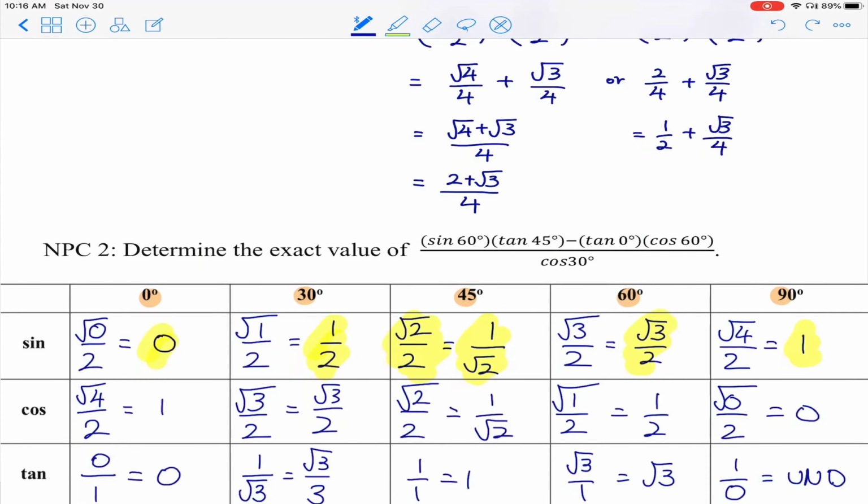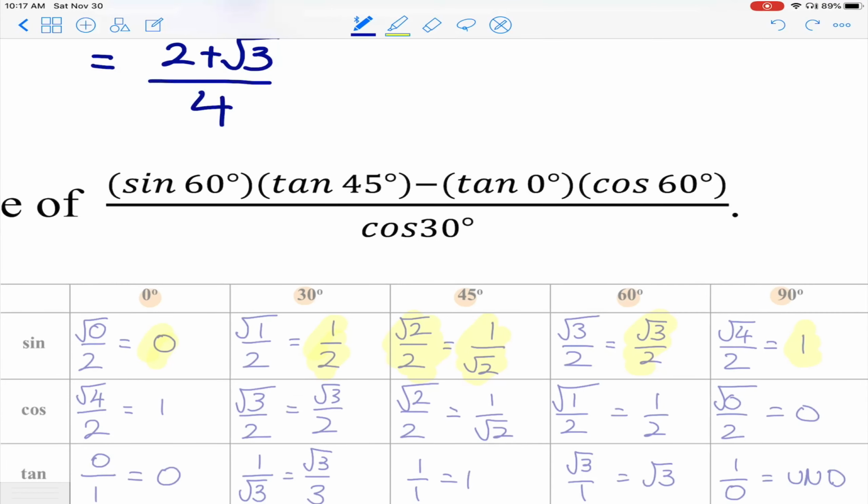Now then, the MPC2, determine the exact value of this. I want you to pause the video and do this on your own. A few moments later. If you take a look at this, sine 60, 60 is the fourth angle, therefore it is 0, 1, 2, 3, so it is square root of 3 over 2. Tangent 45 is in the middle.